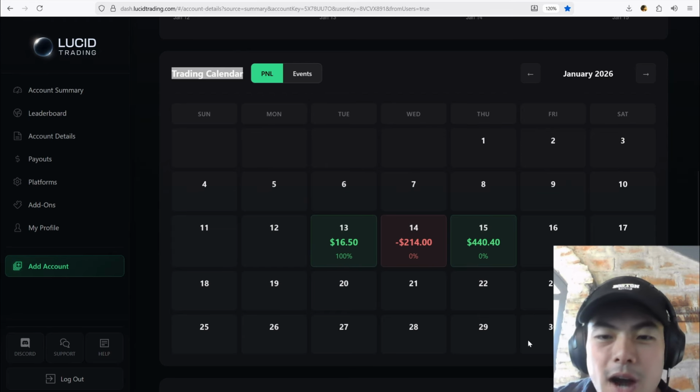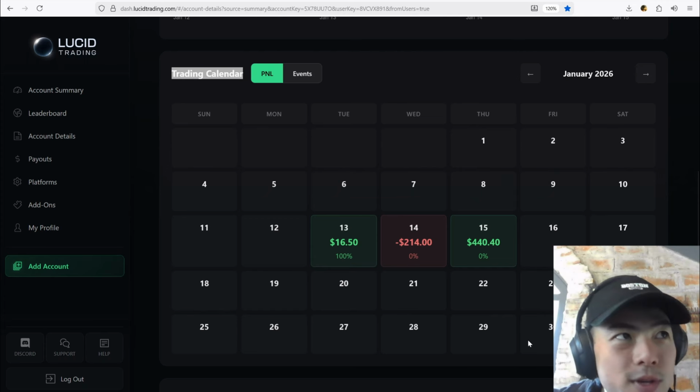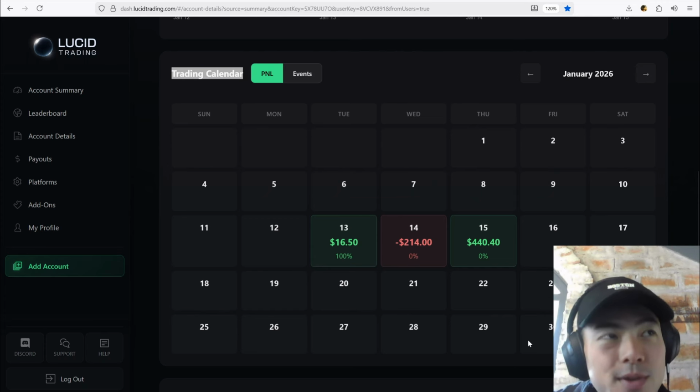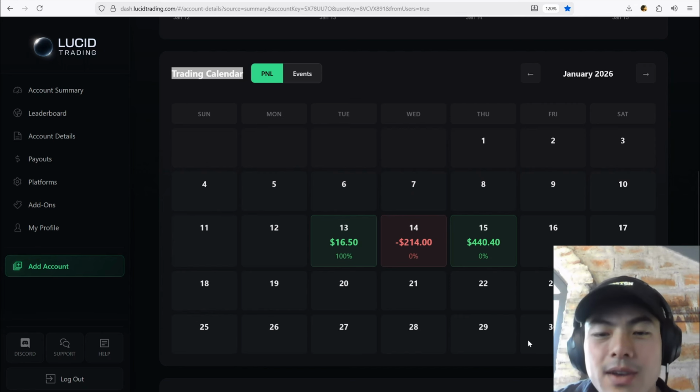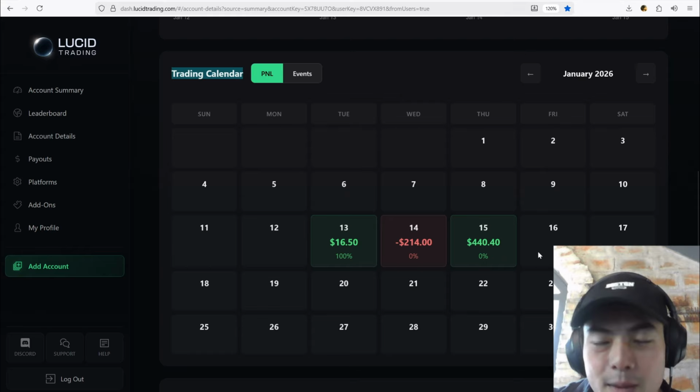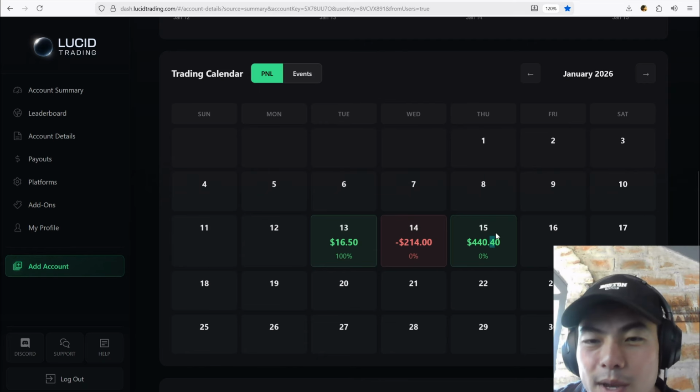So I'm just going to stick to using this funded Lucid Flex 50K account as the account we use to track my 20 A plus trade challenge. Don't worry about this one. This was when I had issues with a trade copier. That would have been a win actually if you were following 2 days ago, but I got out of that one. So yeah, 1 loss, 1 win, -1R, +2R, so a total of +1R.